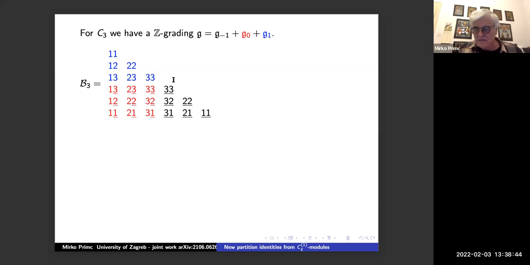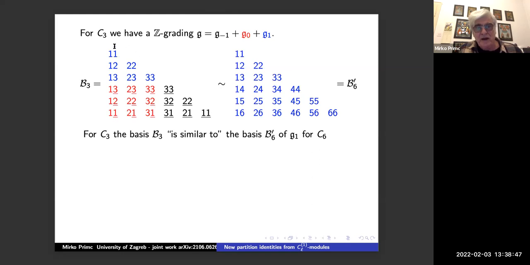And then this upper triangle can be seen in a bigger affine Lie algebra, C6. So C6 would have the bigger triangle, and then the bigger red GL6, and then even bigger is the black part. So the thing is that B3 is similar to the basis B6 prime of g1 for C6. I will not go into detail what exactly it means.